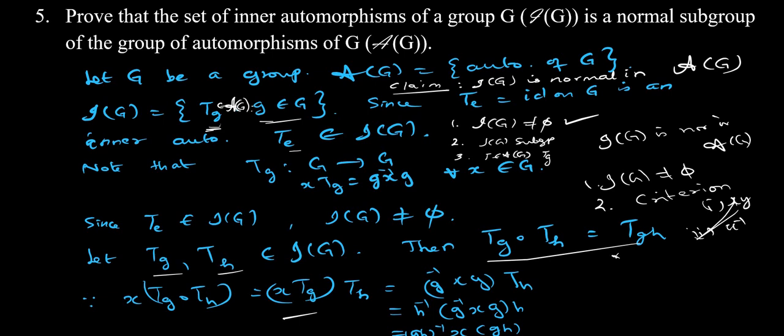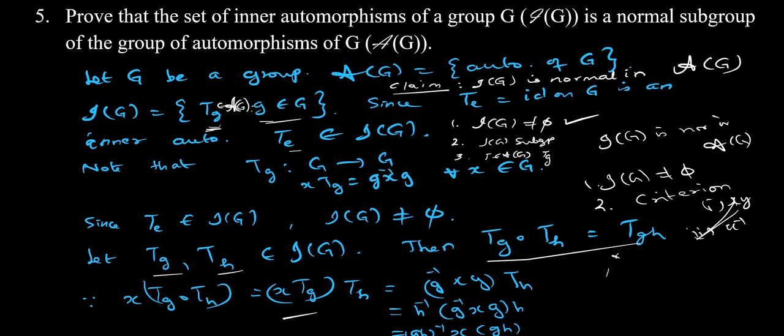That is, if you consider Tg and Th in script I of G, then their composition is nothing but T suffix gh. So this is what we are going to establish first, and that will let us see that script I of G is a group. And then we can even use this to show that for any Tg, its inverse also exists. The same result can be used to prove that also. And then the normality condition will be established.